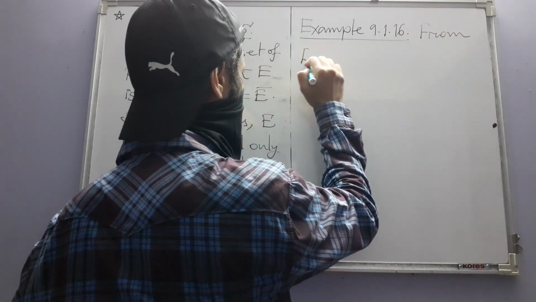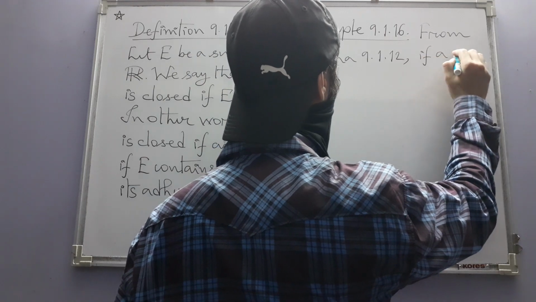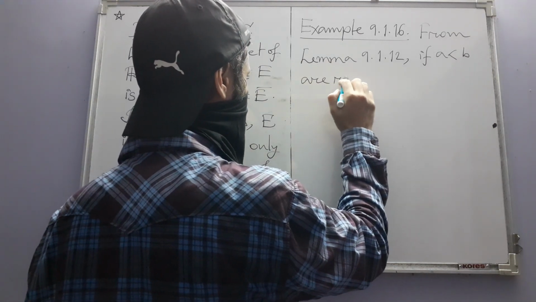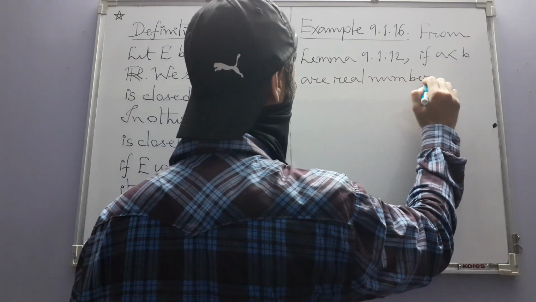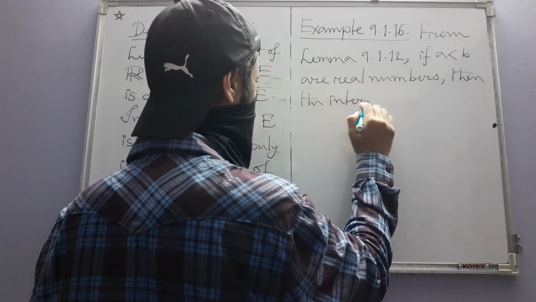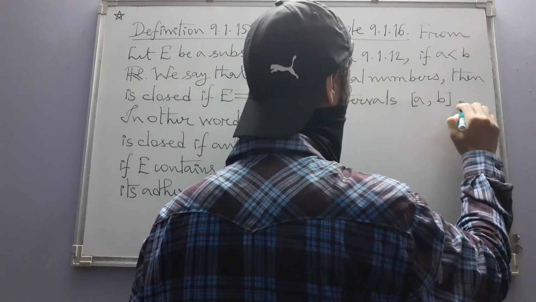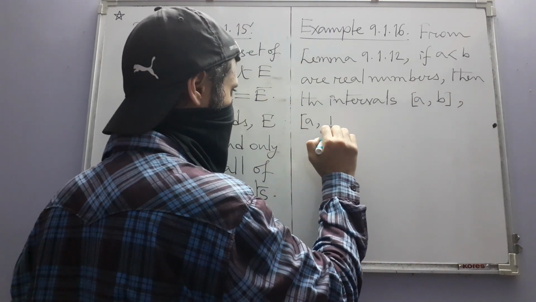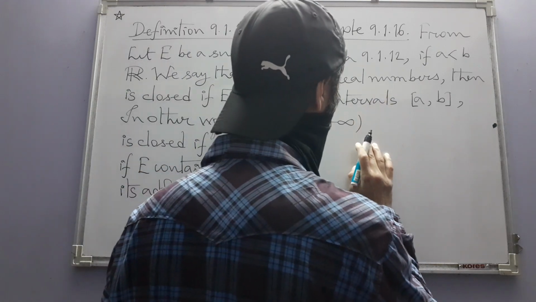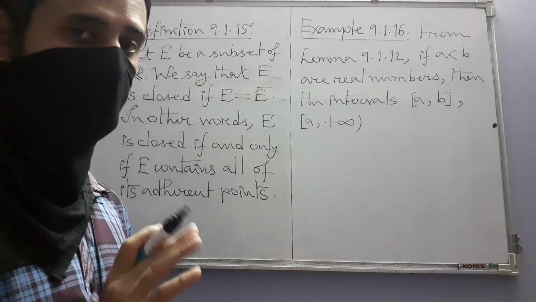From lemma 9112, if A and B are two real numbers related to each other like that, then the intervals: this closed interval, this closed half infinite interval, do not close this one, okay, because whatever discussions we are having now, everything is happening inside R, okay, not R star.